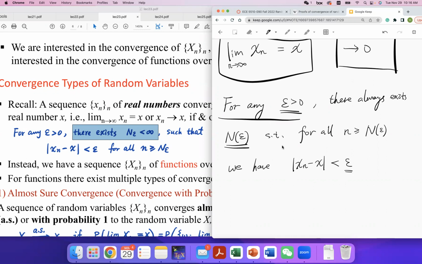Eventually means that after a certain point, the entire sequence will be epsilon close to the target x. So for all sequence indices n after this capital N epsilon, the entire sequence will be within the epsilon neighborhood of x. This is the precise definition of the convergence of real numbers.